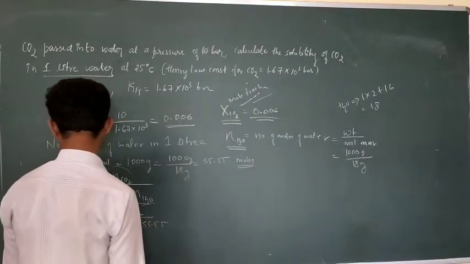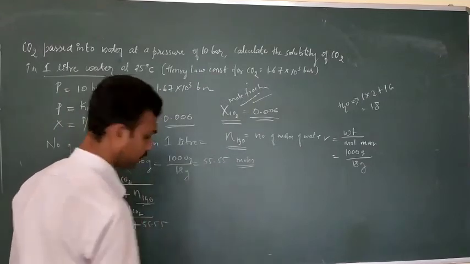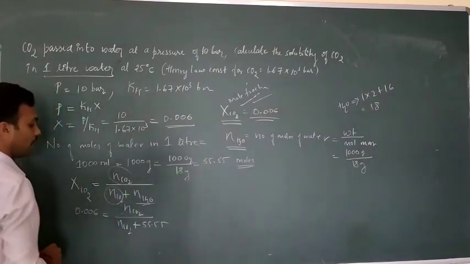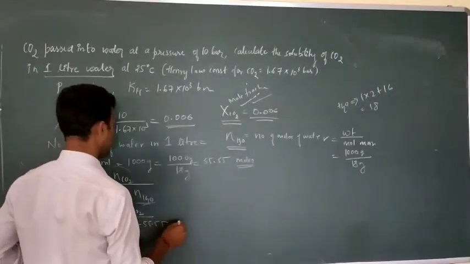So now in the denominator, the number of moles of carbon dioxide is very small compared to the number of moles of water in the particular solvent, so it is nearly equal and you can remove that value.